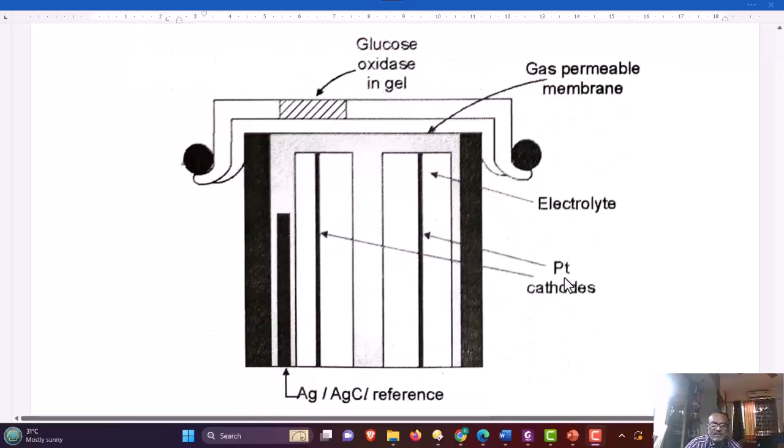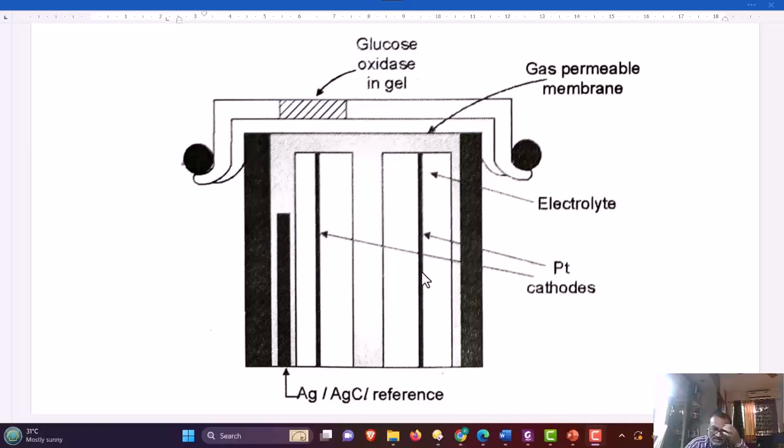A typical blood glucose measurement strip is shown here. Here there are two electrodes. There is an exposure vent here, and there is a glucose oxidase gel. The blood sample is placed on this glucose oxidase. The chemical reaction takes place.